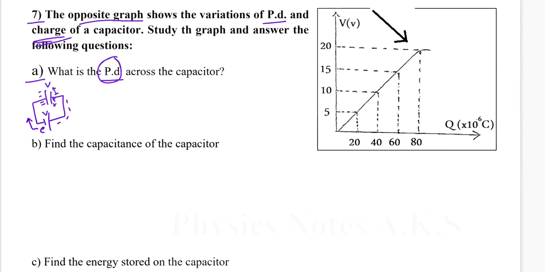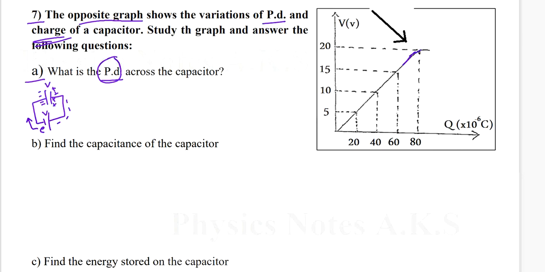As you can see here, it increased right here until it became constant. It means the voltage or the potential difference is actually 20 volts, because it stopped increasing at 20.